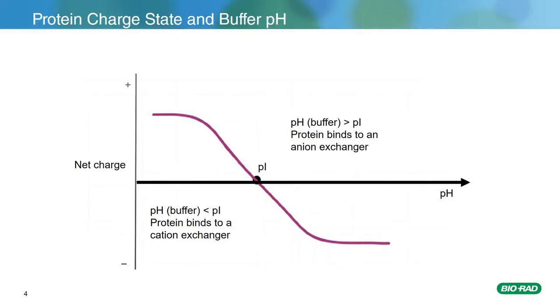We can also choose a cation exchanger if we prefer to run separation at a pH more acidic than the pI. For ion exchange chromatography, proteins are typically loaded onto a column at low conductivity and then eluted by a high conductivity buffer.